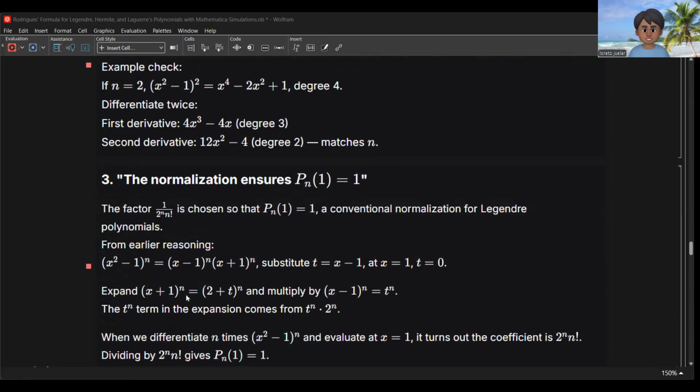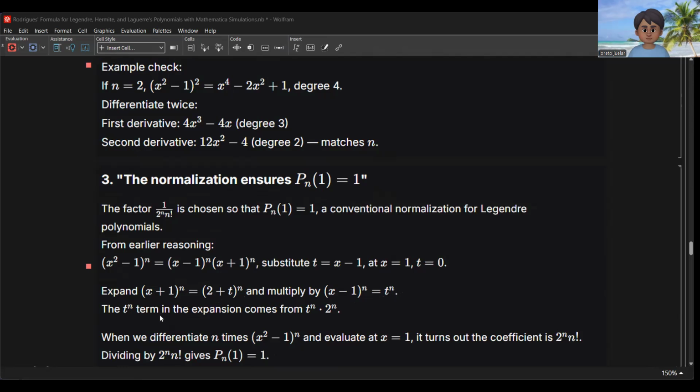We expand the binomial (x plus 1) raised to the n. Substituting in terms of t, x plus 1 is equal to (2 plus t), raised to the n, and multiplied by (x minus 1) raised to the n. So we have 2 to the n.